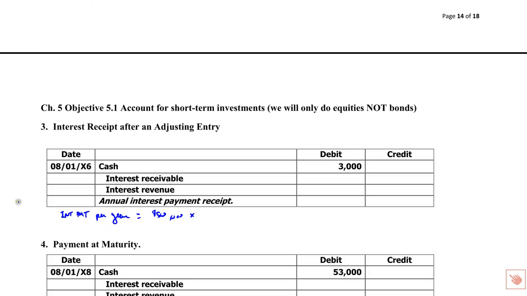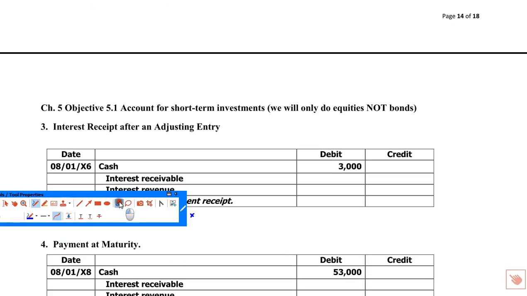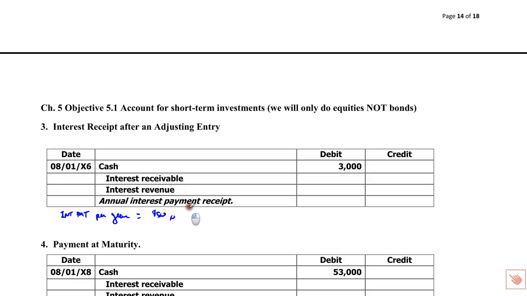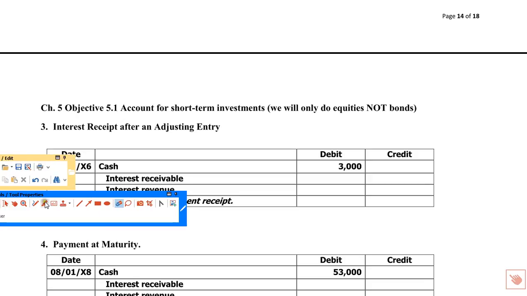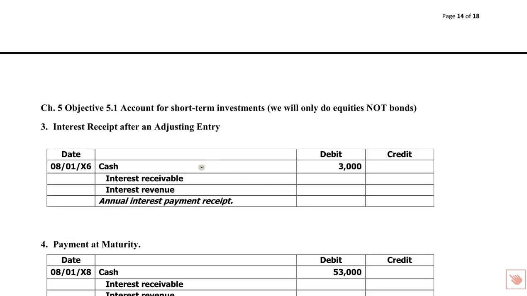Now, later on, in August of the following year, they're going to get the cash payment. So 50,000 times 6% equals 3,000.